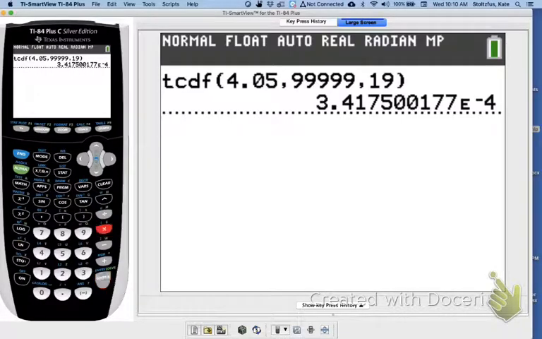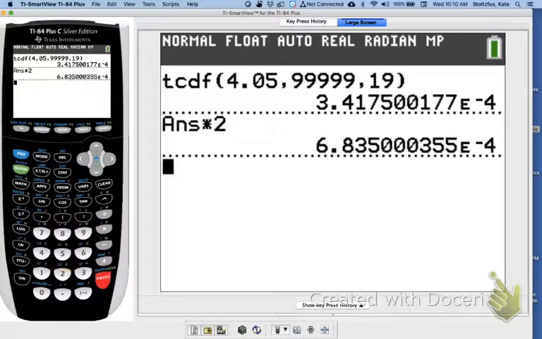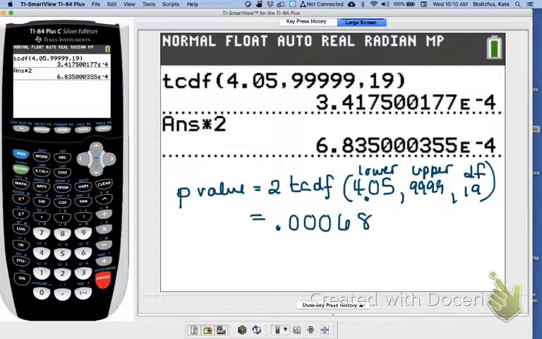So immediately I'm just going to multiply that by 2 because it's a two-tailed test. I need to double this. Okay, so it switches to scientific notation. You're going to need to write that as a regular decimal on the paper. So my p-value is equal to 2 times tcdf, and I've labeled my calculator talk for the AP exam, is equal to 0.0068. Okay, so that is a low p-value.